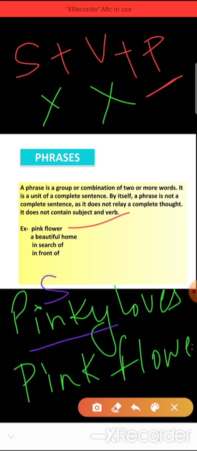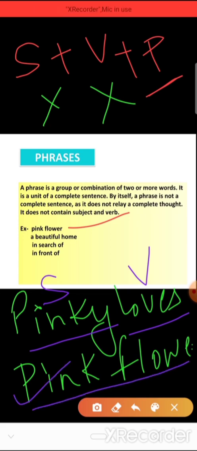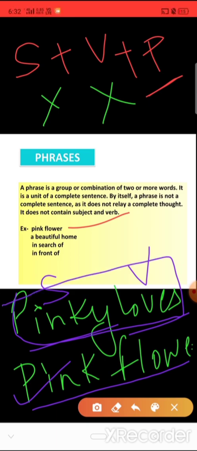That means it is the subject. And what's the verb here? Love is the verb here. And what is the object? That is pink flower. So if we have added the phrase to a complete sentence which has a subject and verb plus the predicate, then it will convey a proper message.